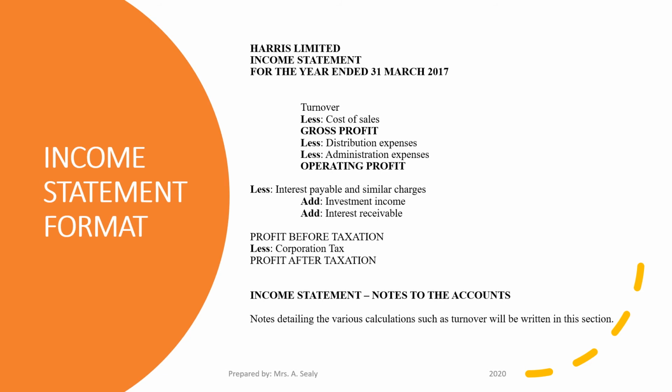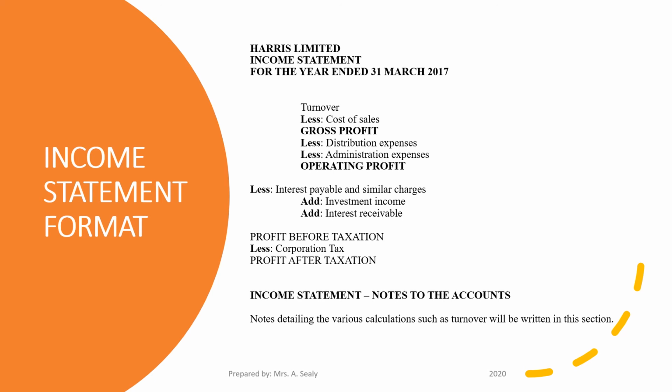So after we get our profit before taxation, then we will subtract our corporation taxes, which then gives us our profit after taxation. And below that, you have your income statement notes to the accounts. And those notes usually detail the various calculations, such as turnover. So you will have your income statement, a title income statement notes to the account, and those notes would speak about the calculations.